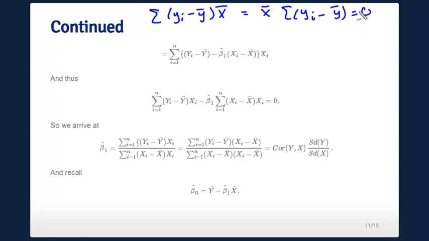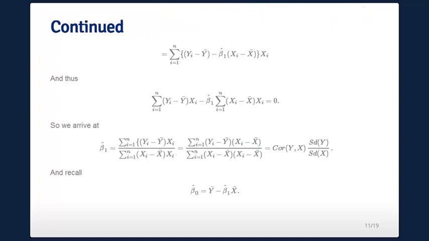We already know when we center random variables, their resulting mean is 0. So we can turn this xi into xi minus x bar in each case, because then if we multiply the sum through, that part is equal to 0.